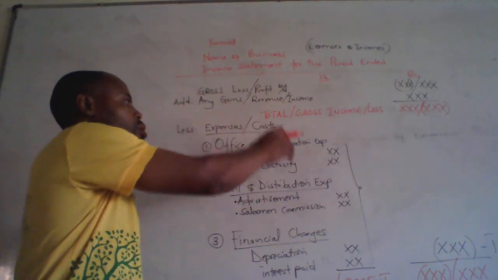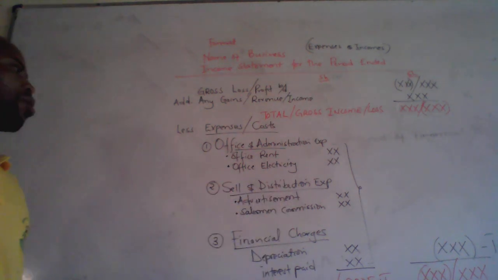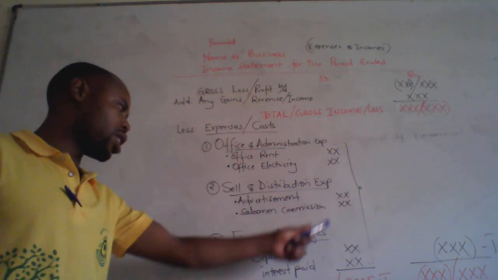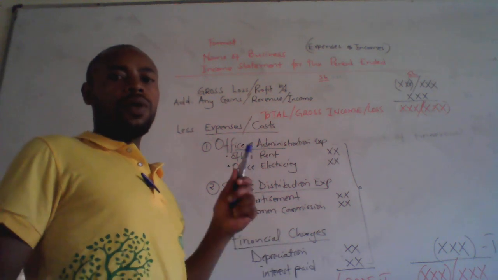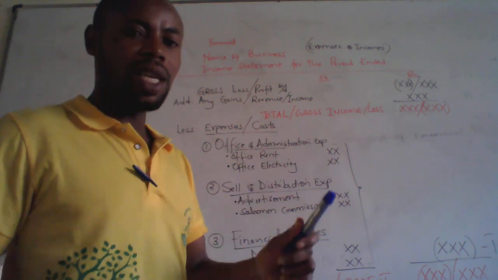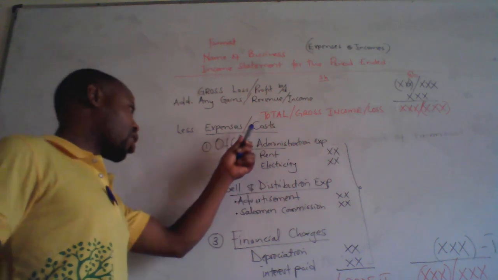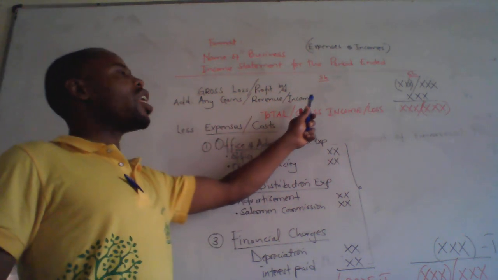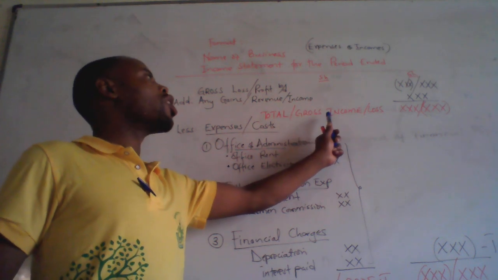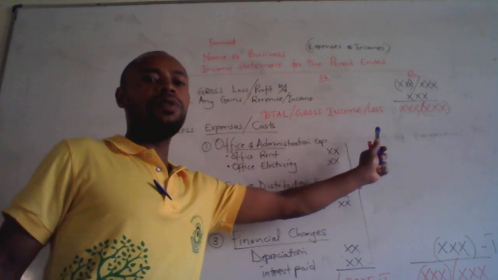Look at the examples of office and administration expenses, including the selling and distribution expenses and financial charges. Go and know what they are. After you have understood what these expenses are, then you are supposed to less them from the revenues or the gross income or loss that you have gotten.